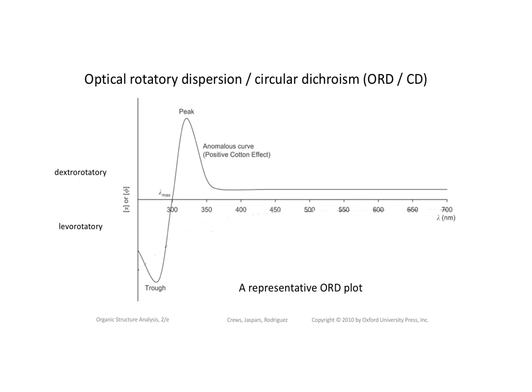A more interesting application of ultraviolet visible spectroscopy is optical rotatory dispersion using circular dichroism.